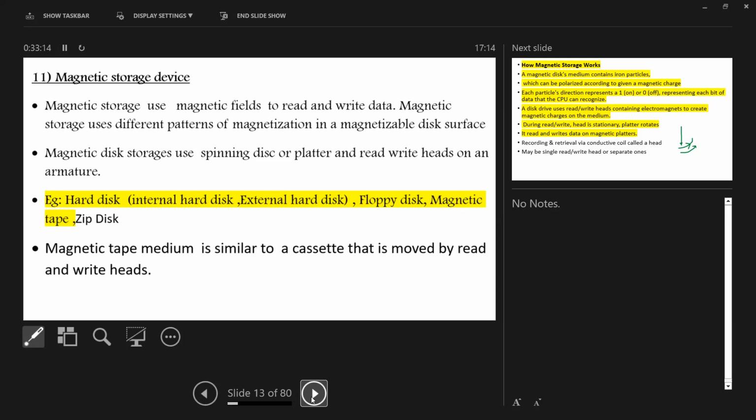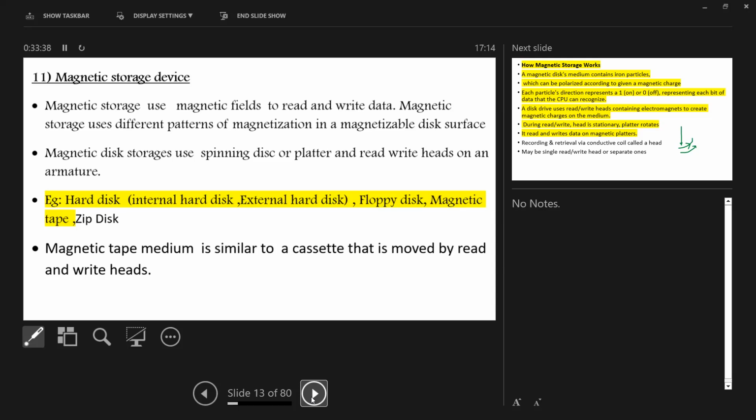Magnetic storages use spinning disks or platters, and read and write heads on an armature. So there are spinning disks and platters, and read and write heads with the armature. Internal hard disk and external hard disk can be taken as examples, as well as floppy disks, magnetic tapes, and zip disks.